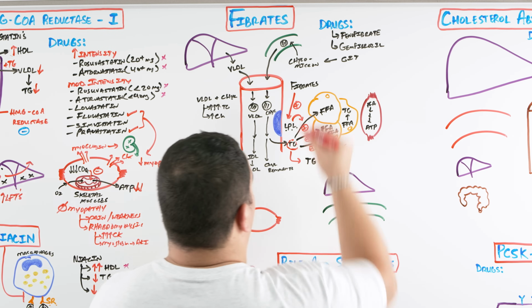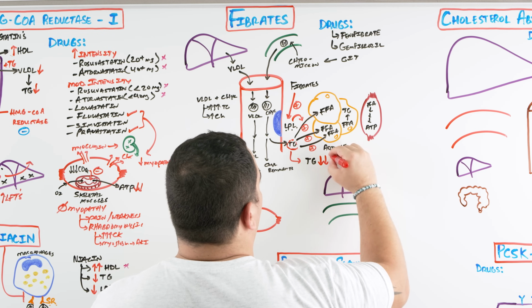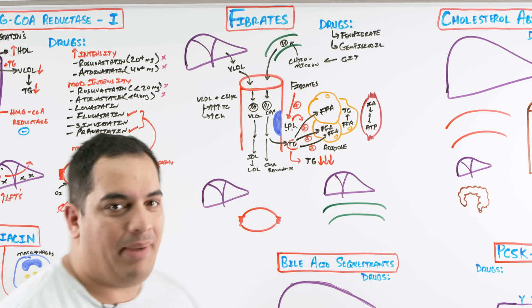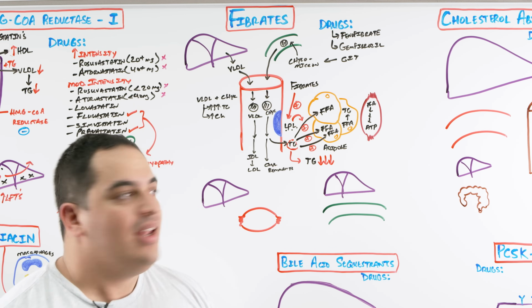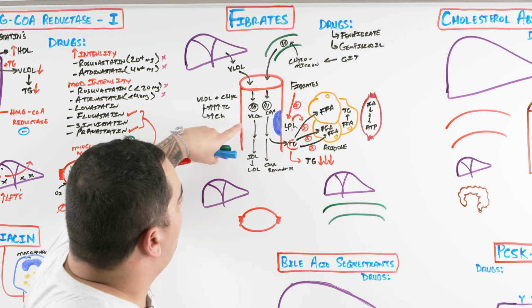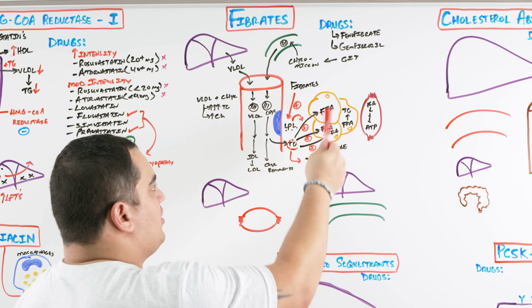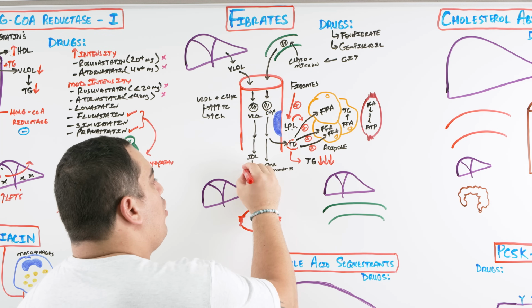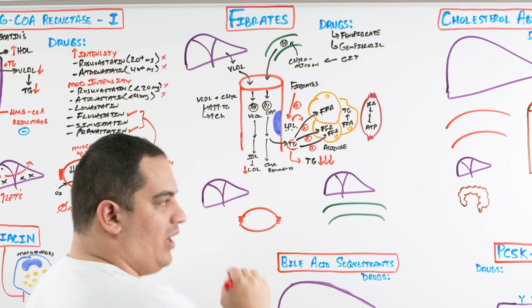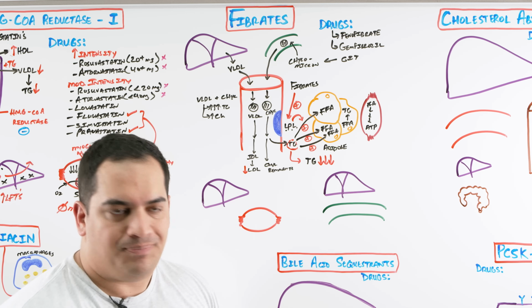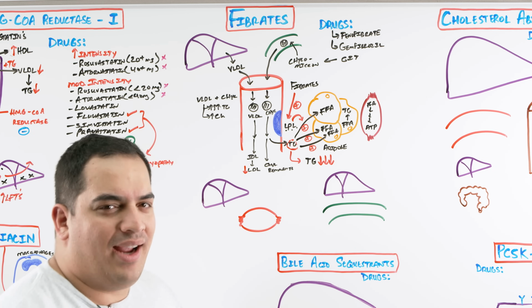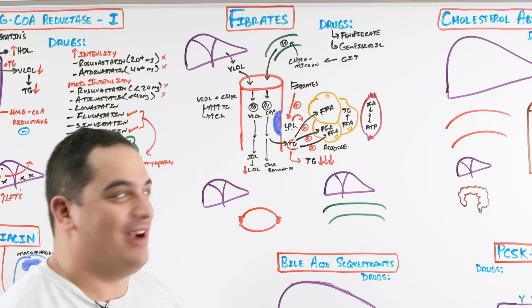So that's why this drug, fibrates, are the absolute best at dropping the patient's triglyceride levels. Now, by virtue of the fact that you convert a lot of their VLDLs and break them down, you could also drop the patient's LDL, right? So you may also see that as well. There's one more mechanism that's really cool with fibrates.